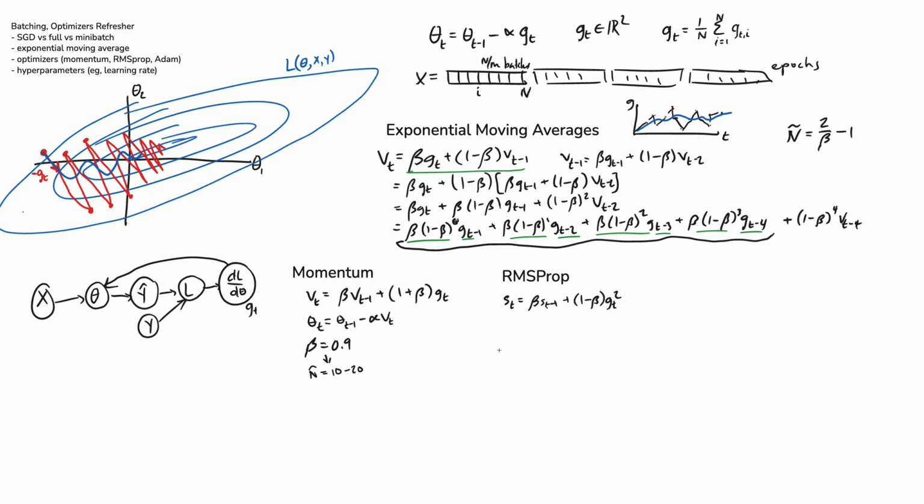And then our update to the model weights is going to be, okay. So it's basically, you're normalizing. So this is the actual gradient. There's a learning rate.